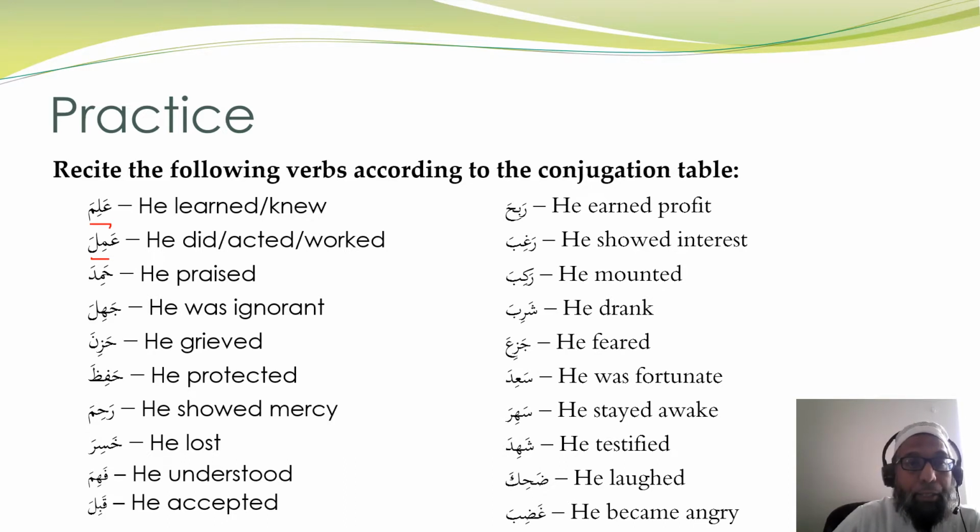And then jahila. Jahila means he was ignorant, he didn't know. Jahila, jahila, jahilu, jahilat, jahilata, jahilna, jahilta, jahiltuma, jahiltum, jahil, jahiltuma, jahiltuna, jahiltu, jahilna. See the whole table. And then move on to hazina. Hazina means he grieved. Hazina, hazina, hazinu, hazinat, hazinata, hazinna, hazinta, hazintuma, hazintum, hazinti, hazintuma, hazintunna, hazintu, hazinna.